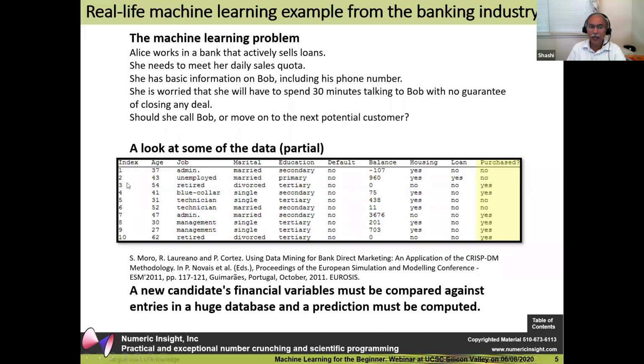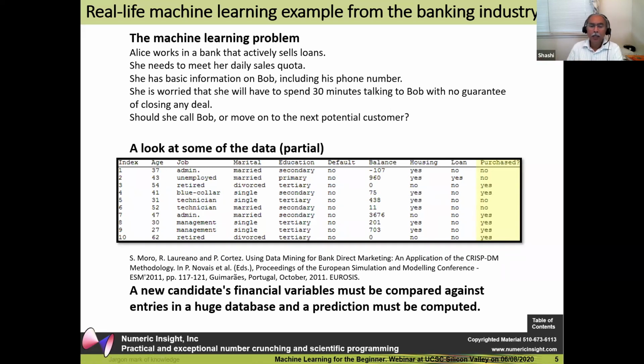How about customer number 3? Did they sign up for that home equity line of credit? Yes, they did, and so on. This data actually is publicly available. It has been reported in this publication, and it is also available in certain websites which maintain really interesting and useful data sets.